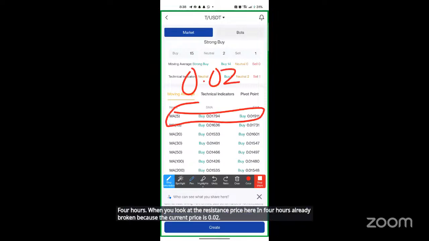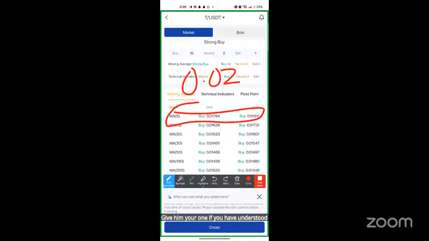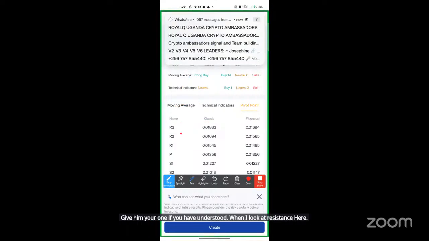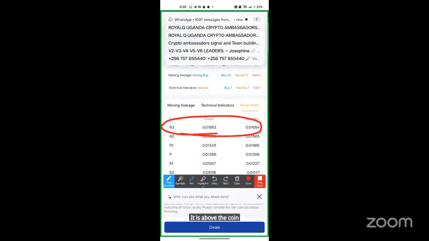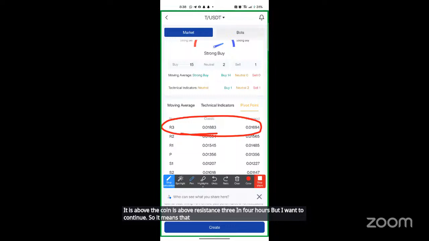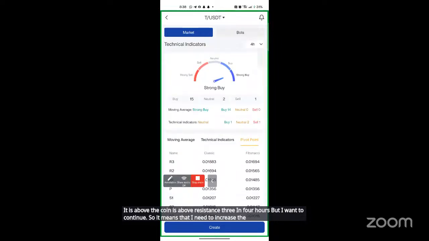Give me a one if you have understood. When I look at resistance here, the coin is above resistance 3 in 4 hours, but I want to continue. So it means that I need to increase the time frame, I go to 1 day.